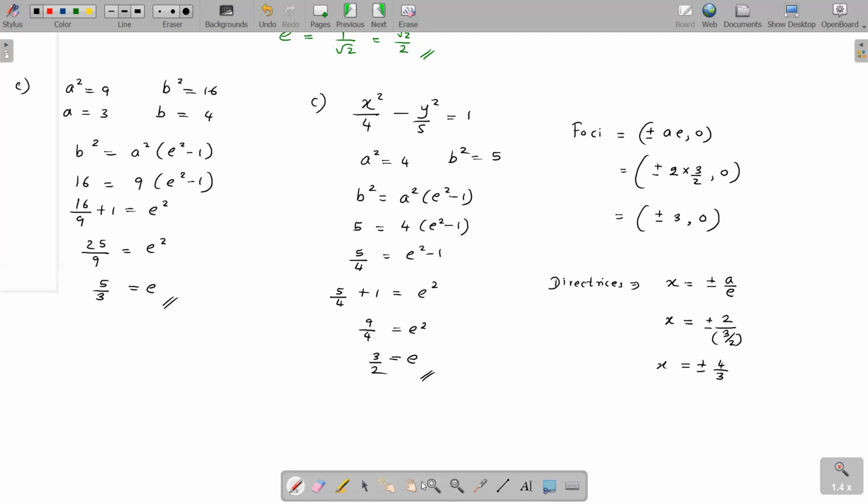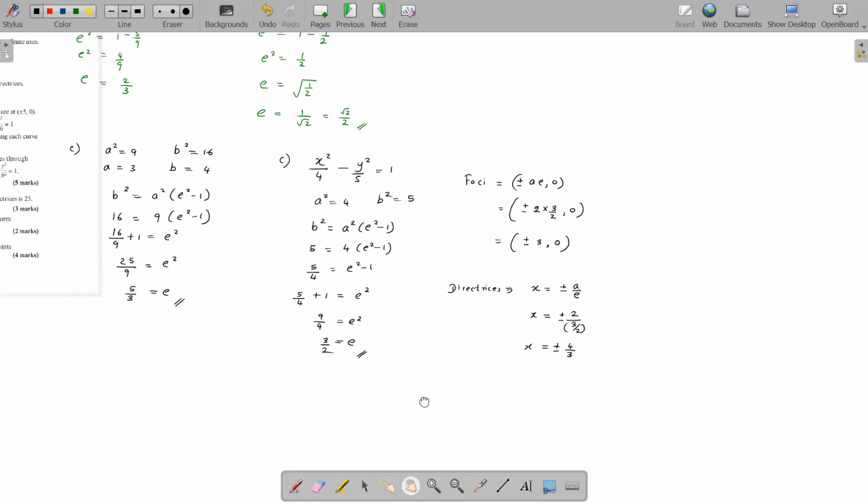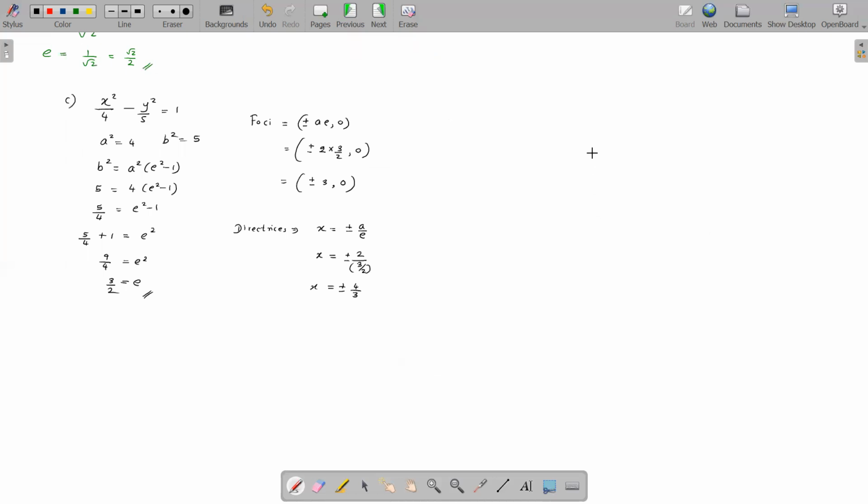They want you to sketch it, so get the sketch as well. When you draw the sketch, you must clearly mark the foci and the directrices. So this is your sketch. The curve cuts at plus or minus a, so minus 2 and plus 2.